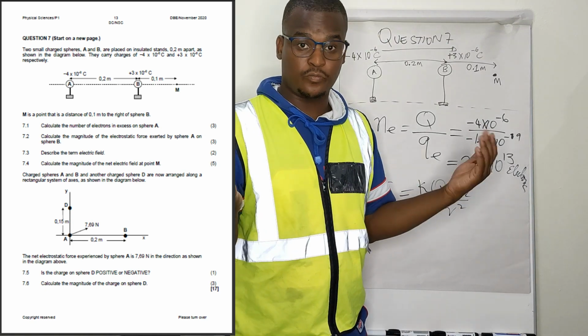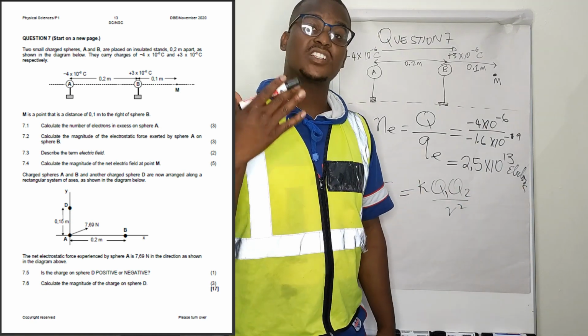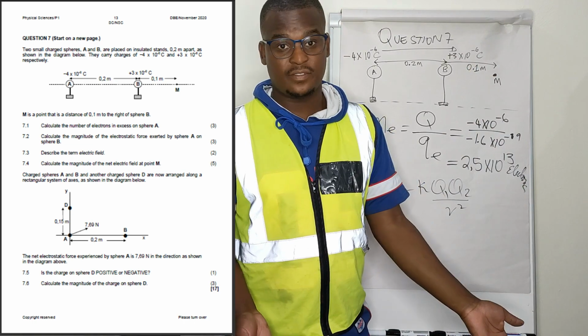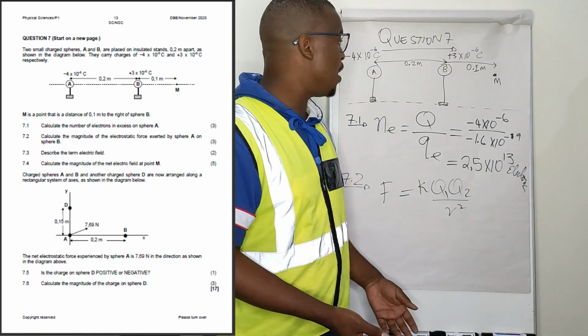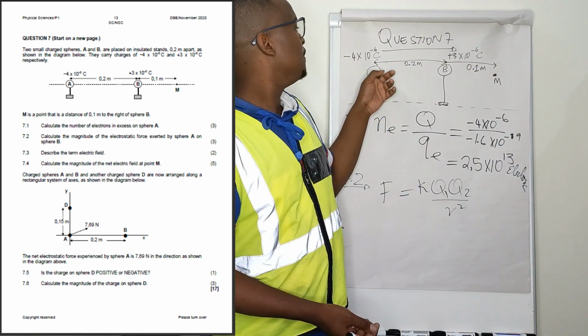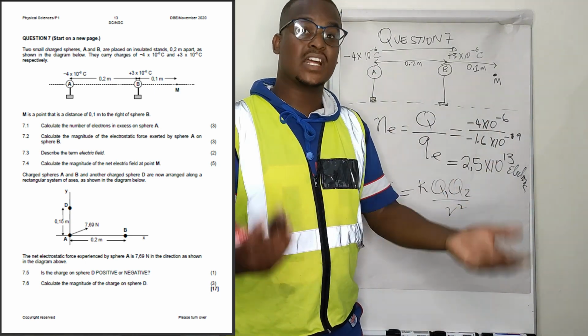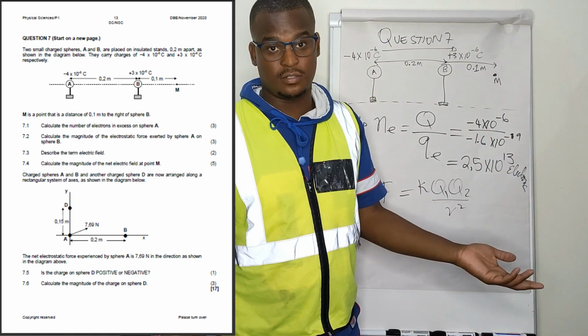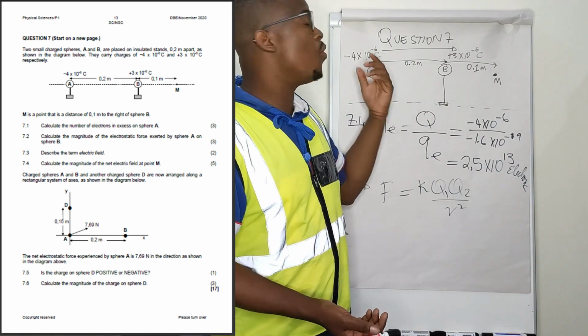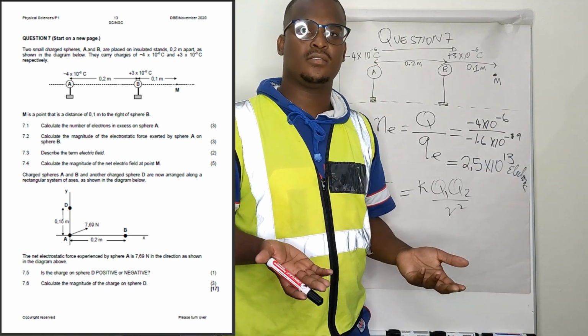So we use Coulomb to find this force. That force can be attractive or repulsive. In this case, because A is negative and B is positive, we know that this is an attractive force, because they have different signs.